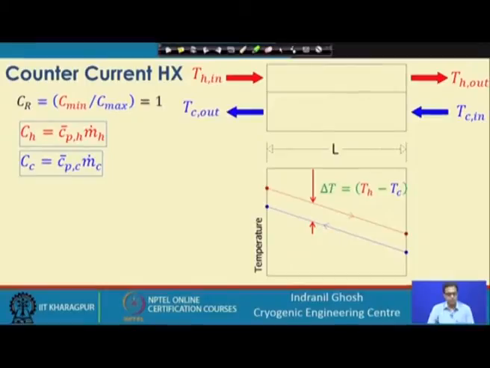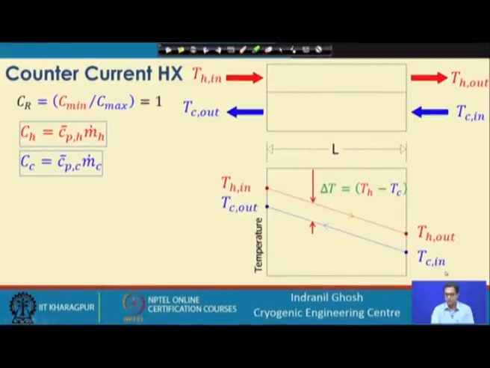The ratio between the hot and cold fluid capacities is equal to 1, we have assumed.